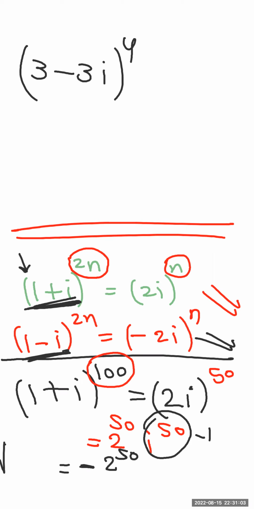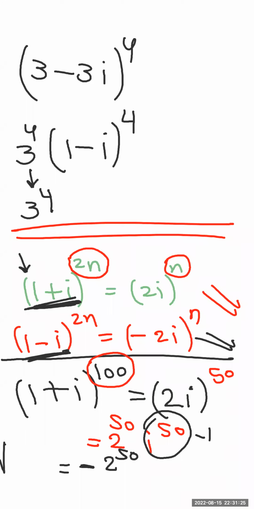So in this case, we have to solve this small issue. How? By taking 3 as a common factor, but all to the power 4. So 3 to the power 4 times (1 minus i) to the power 4. Correct? Yes, correct. Okay, great. Now, this number will remain the same, 3 to the power 4.